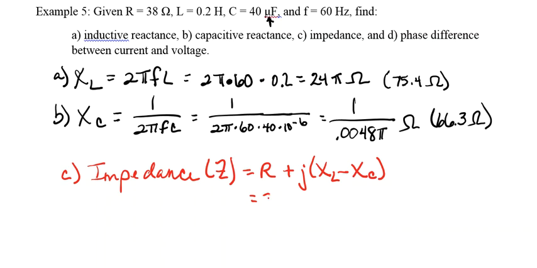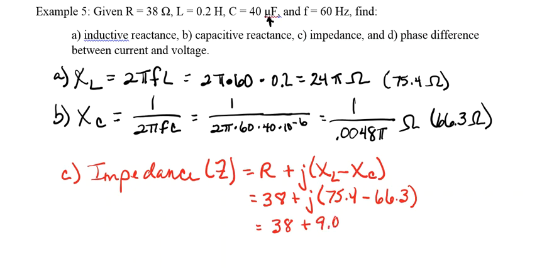R is 38 plus J, XL is approximately 75.4, XC is approximately 66.3. So I end up with 38 plus 9.1, depending on where you're rounding, J.